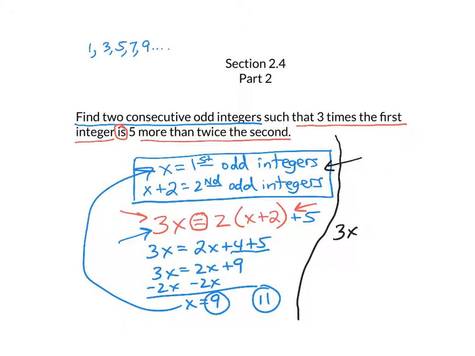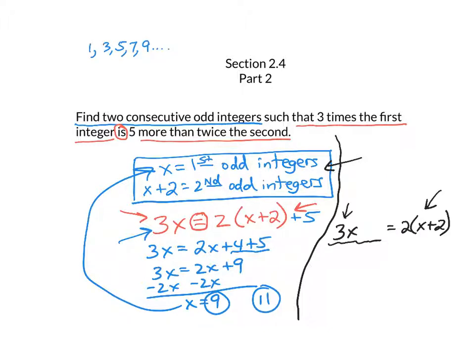I have 3x on one side, I have 2 times x plus 2 on the other side. And it said that 3 times the first integer, which is this side, is 5 more than twice the second. So this side right here was 5 more than the second one, which is on the right-hand side.